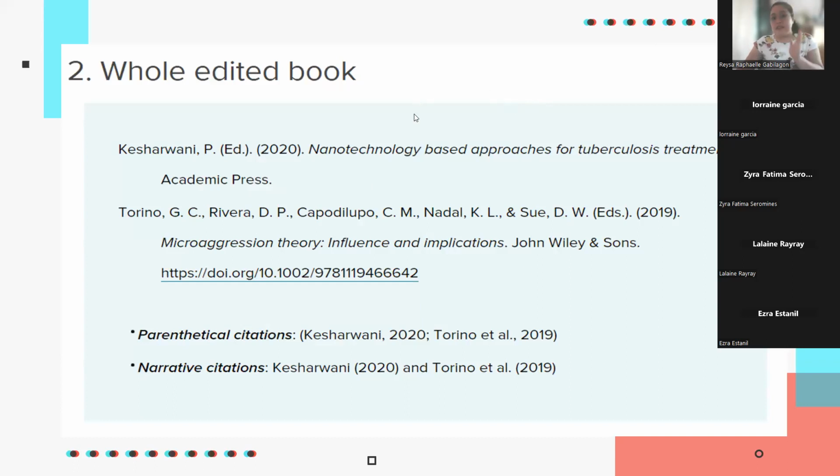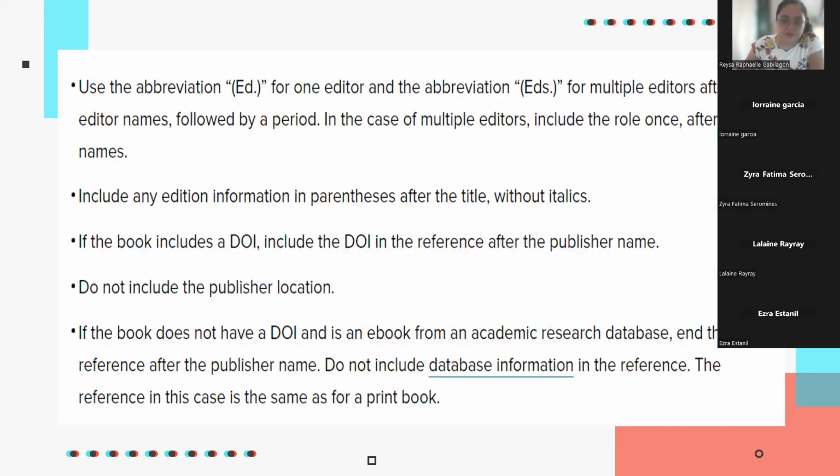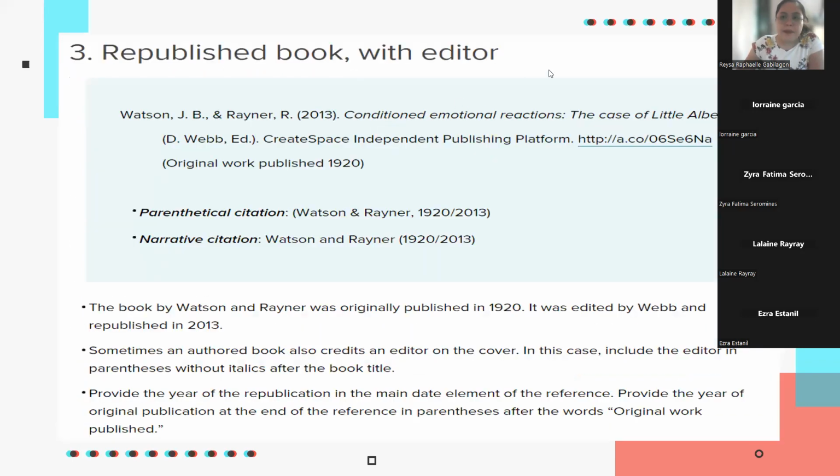Okay, pag edited book, makikita nyo naman if it is an edited book or an authored book. Okay? And then, republished book. Meron din tayong mga republished books, no?